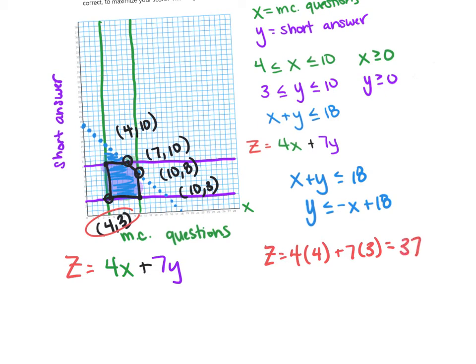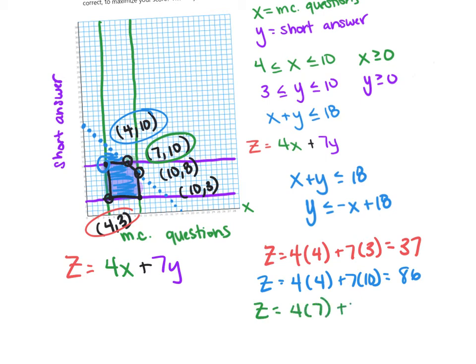Take the next one, which is the point 4, 10. Z is equal to 4 times 4 plus 7 times 10, that's 16 plus 70, so that's 86. Take this point, 7, 10. Z is equal to 4 times 7 plus 7 times 10. That's 28 plus 70, which is equal to 98.